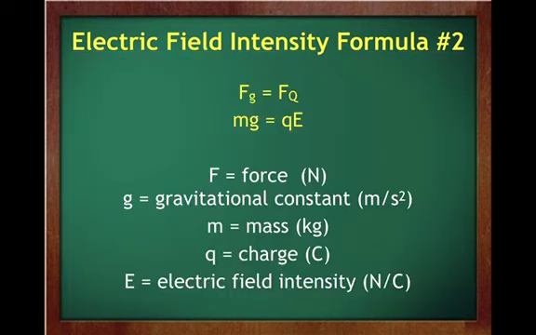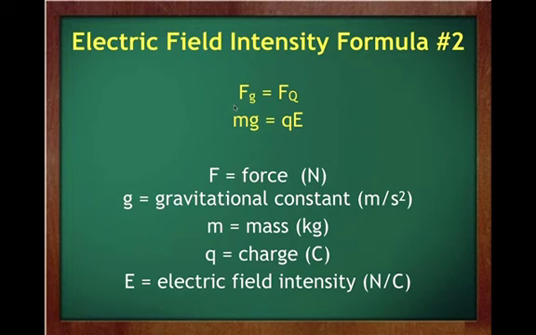Similarly, this comes from Millikan's oil drop experiment, where there's a relationship between an electric charge, electric field intensity, and actually gravitational field intensity as well. Less commonly used, but still worth mentioning here is where these things are equal.